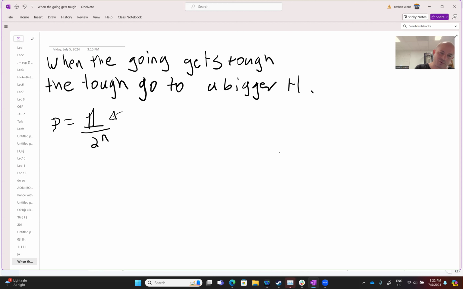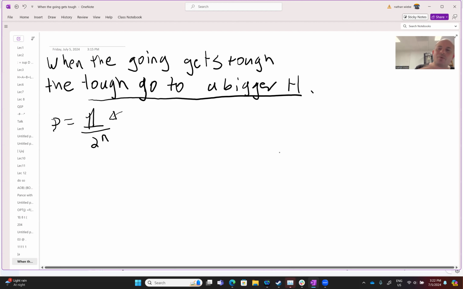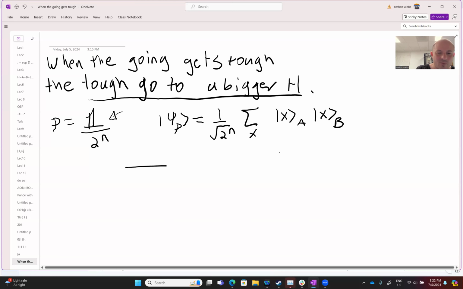So it's very difficult to build something like this in a direct fashion. The easiest way is to follow this strategy and go to a higher dimensional Hilbert space. In particular, the purification of this density operator is 1 over root 2^n, sum over x, of |x> on subsystem A and |x> on subsystem B. The idea behind this state is the following.